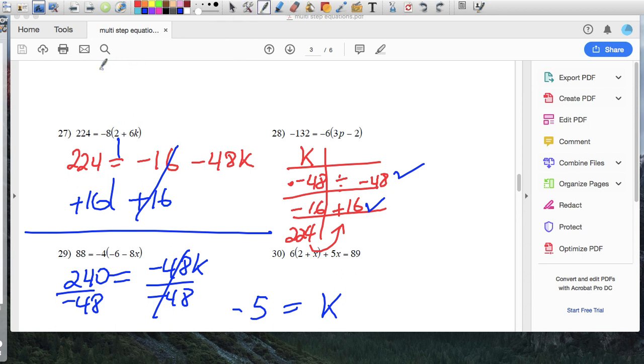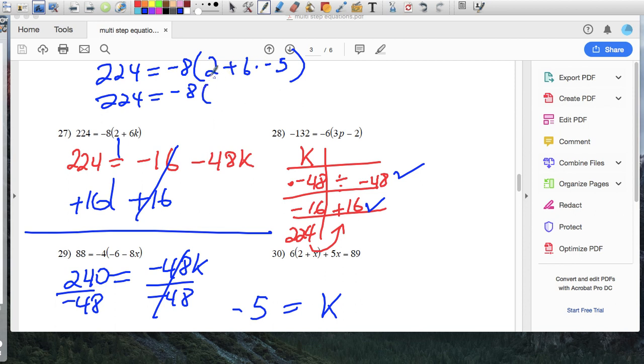Let's see if that works out. So my check, 224 equals negative 8 times 2 plus 6 times negative 5. So over here there's nothing to do, so let's just worry about the right side. Negative 5, negative 8. Inside the parentheses I have to multiply these two first. Positive times a negative is a negative, so it's negative 30.